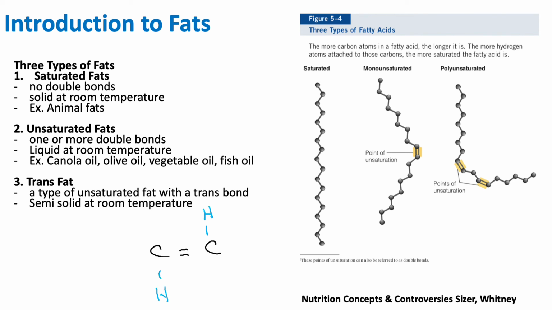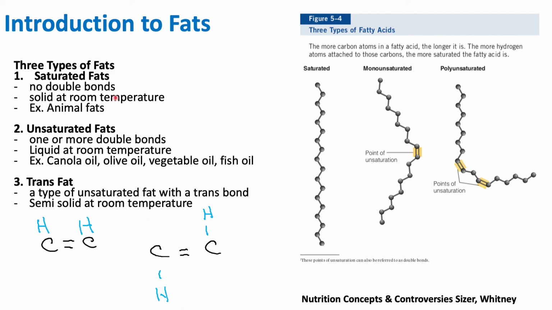So this would be a trans bond. But in a cis bond, we see the hydrogens on the same side. So that's the difference between trans and cis. So if we move one step further to trans fat, which is our 3rd type of fat, it is a type of unsaturated fat, but it has a trans bond. So it would have this bond over here.